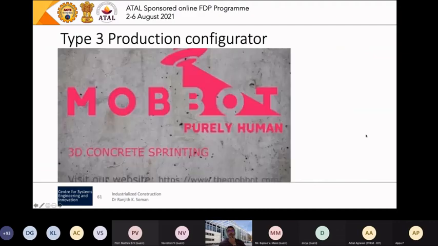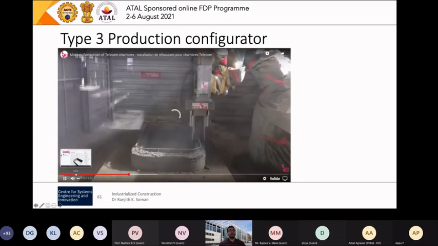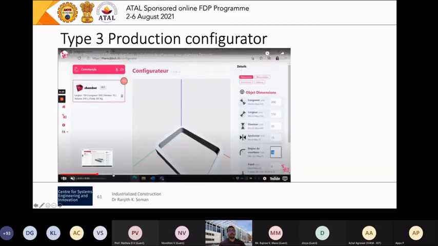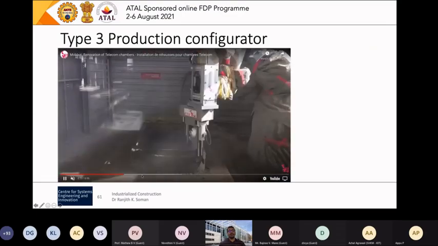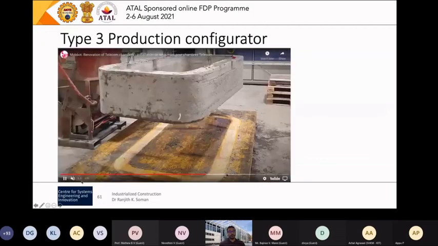And there is a production configurator, which looks at how you produce these things. So from the same thing, it can be taken all the way to a system, and if there are custom components, you could 3D print them exactly from that base design that we have.